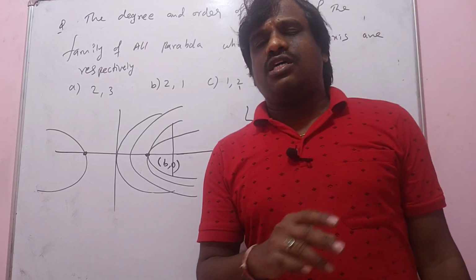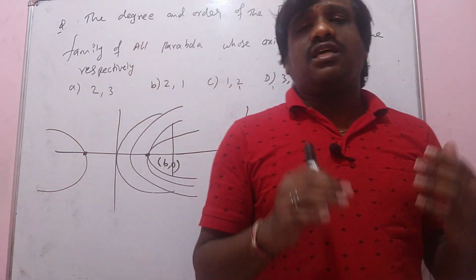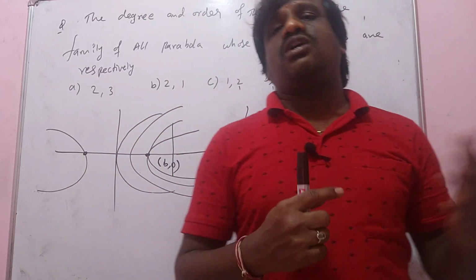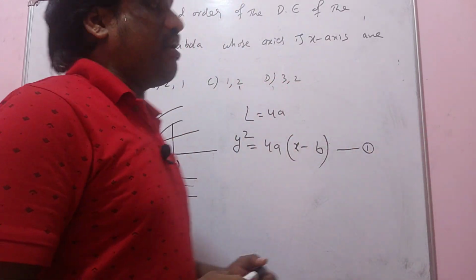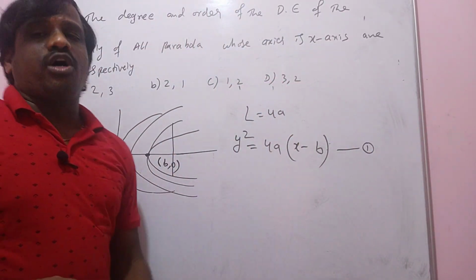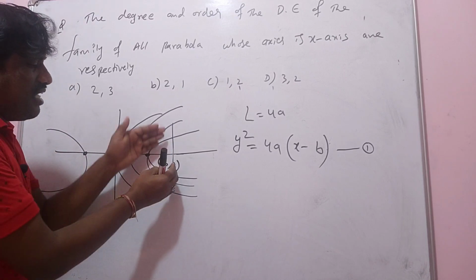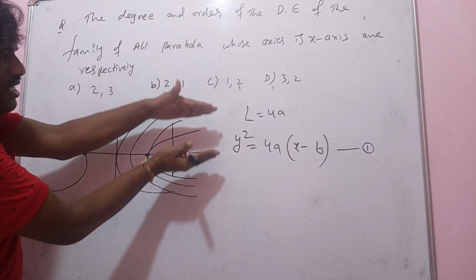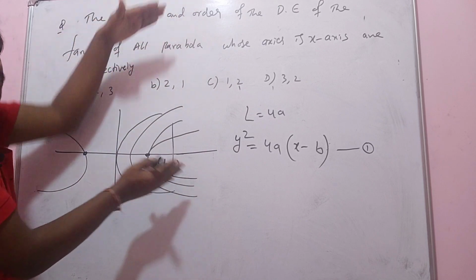But if b is an arbitrary constant, it can be 0, 1, 2, or anything. A and b are two arbitrary constants. Here the length of the latus rectum keeps increasing or decreasing, depending on the curve of the parabola.